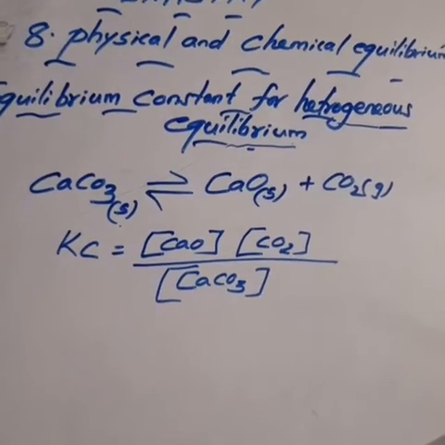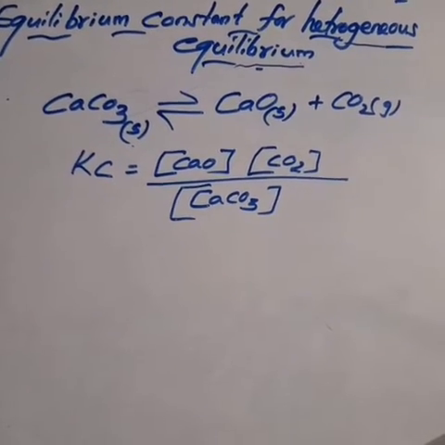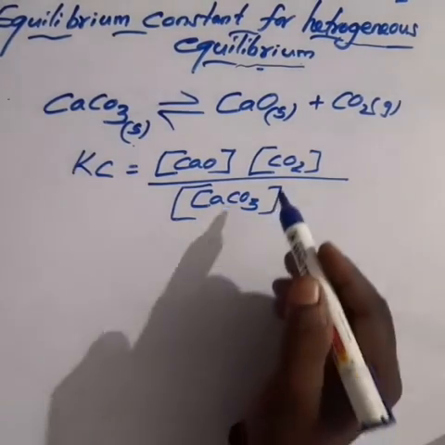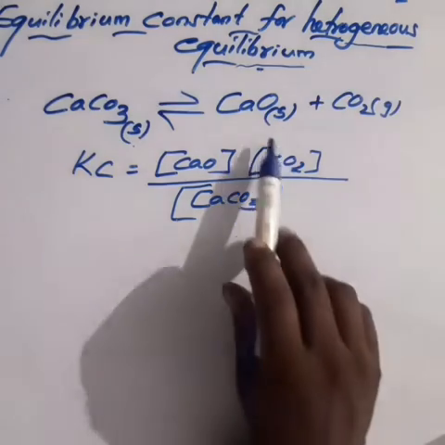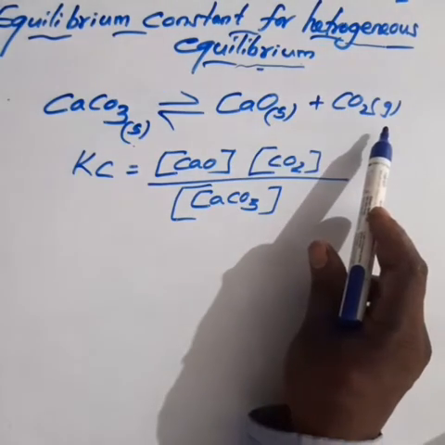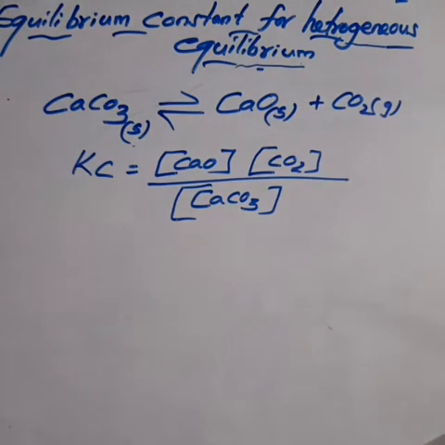Whenever we are writing the equilibrium constant Kc, don't forget that we have to start from product divided by reactant. Which one is the product here? Calcium oxide, carbon dioxide, next divided by the reactant, that is calcium carbonate.